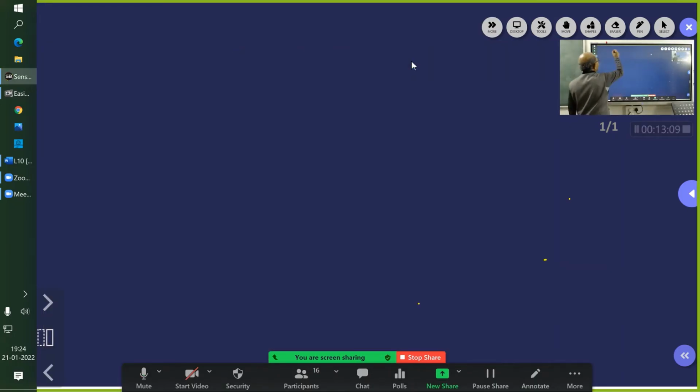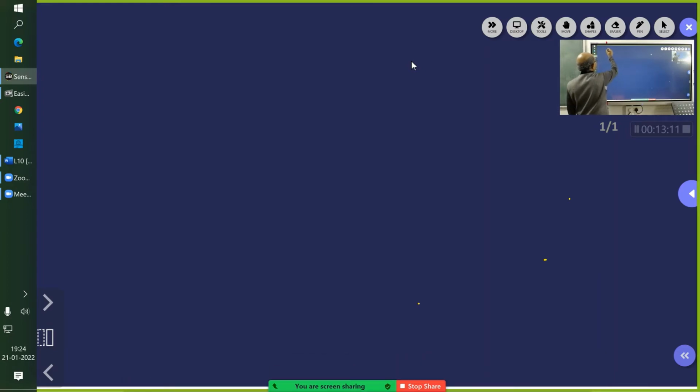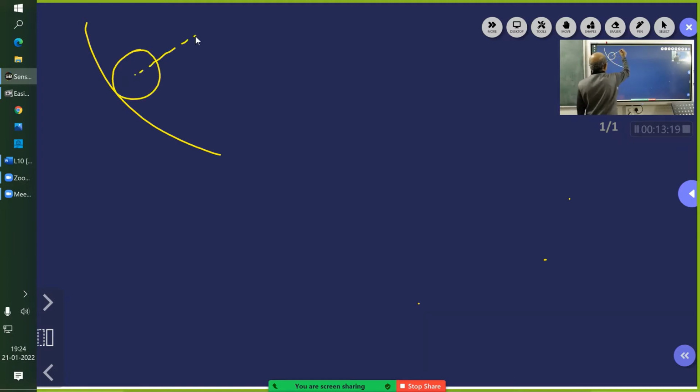So here you have this diagram and the disk here, and you have a line drawn here, and this is O. For the purpose of analysis, you can consider the mass of this disk to be concentrated at the center, so this will look like this.